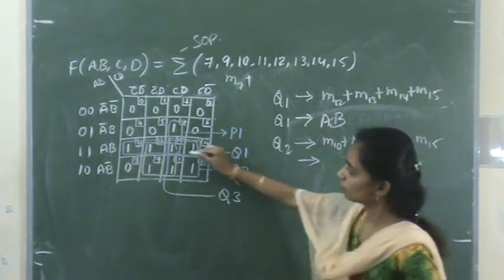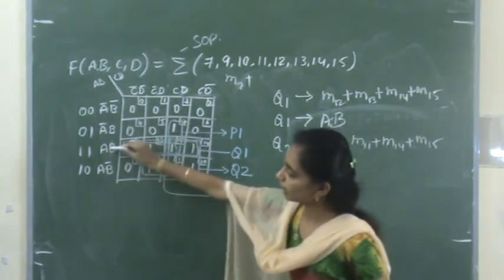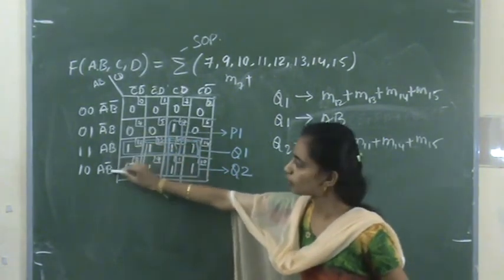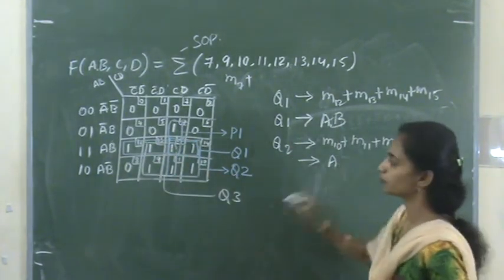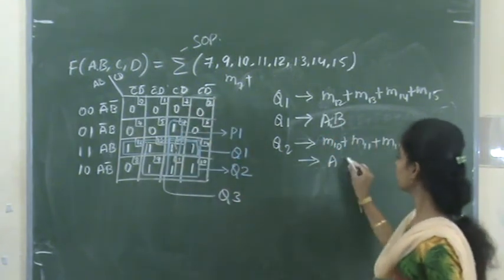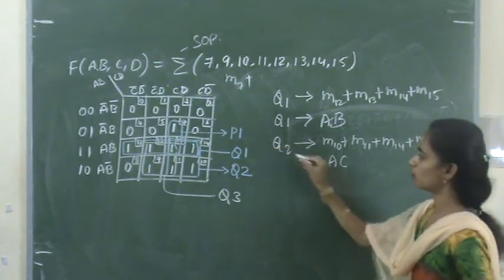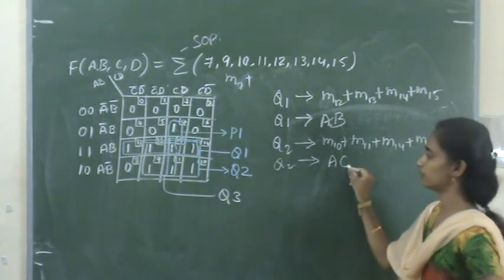We have to consider these four ones. Here we have A as a common factor, and for these, C is a common factor. D bar plus D becomes 1. So the Quad 2 value is AC.